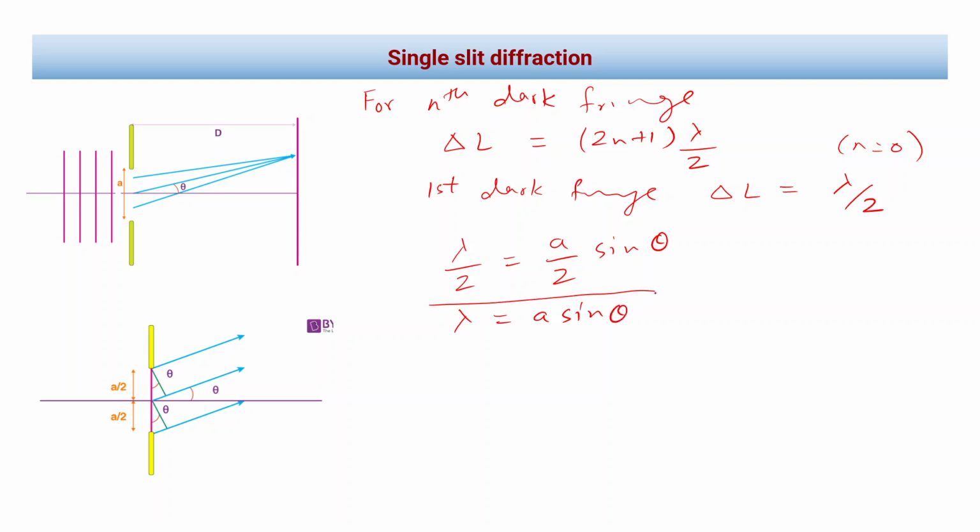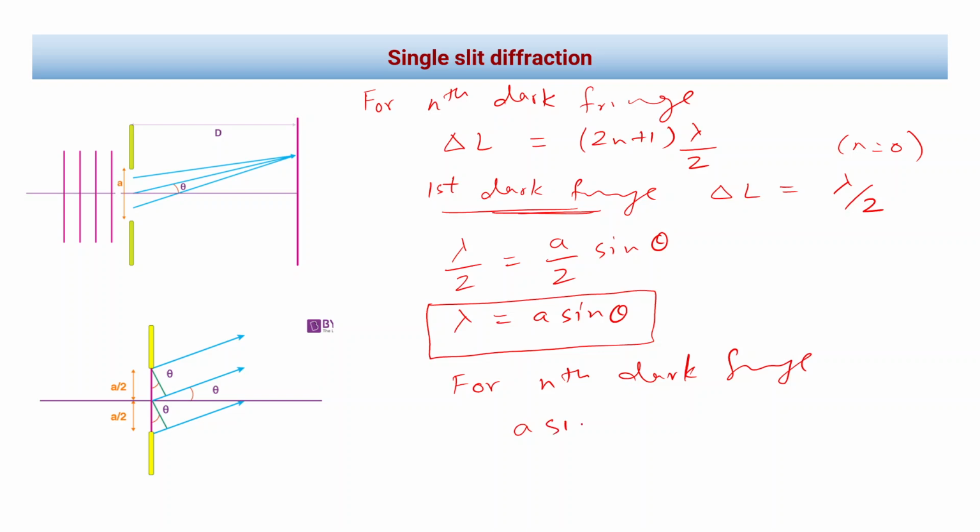So this is the condition for the first dark fringe. Okay, and generalizing for the nth dark fringe, the condition is a sine theta is equal to n lambda, where a is the size of the aperture. Okay, fine. So we'll be using these formulas, so keep in mind.